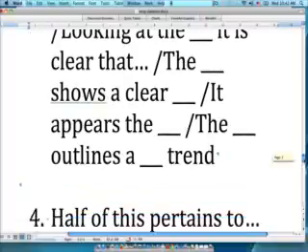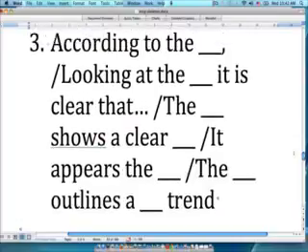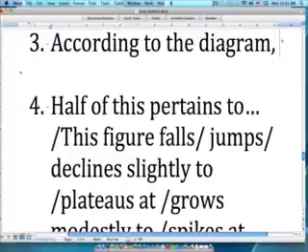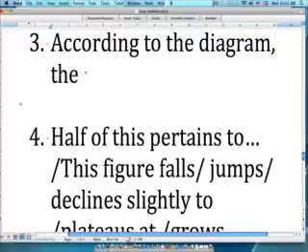So here we're talking about the diagram, and let's start with what we have here. According to the diagram, comma, now we want to state the largest figure, or the part of the information that is the majority of what is being shown.